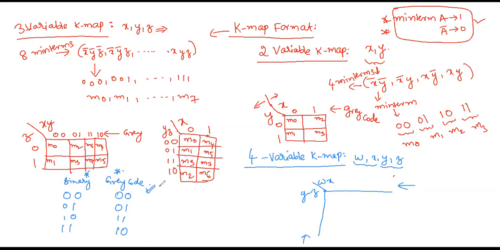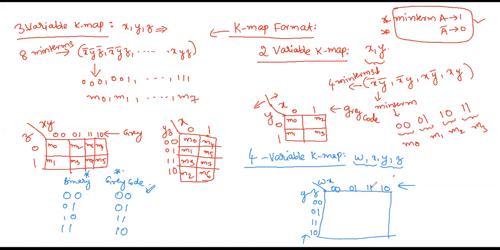In the K-map, you need to write the values in gray code. So the values will be 00, 01, 11, 10. Here also same thing, 00, 01, 11, 10.